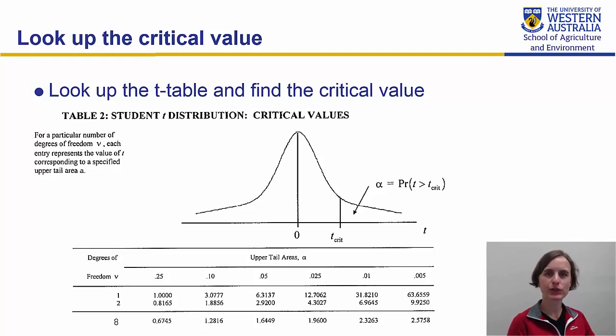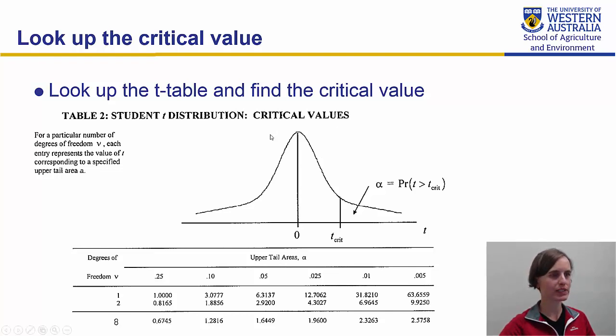So what I typically do is I go to a test table. In this case it's a t-test, so we're looking for a t-table. And we find the critical value against which that test value is evaluated.